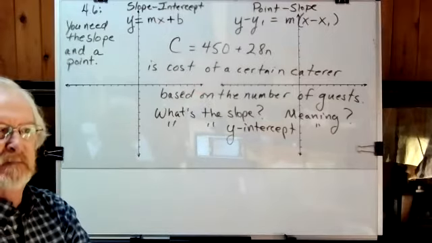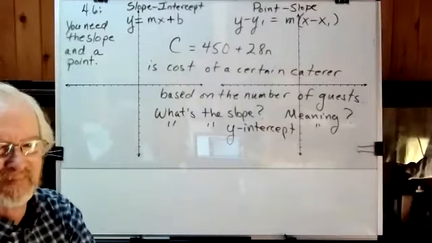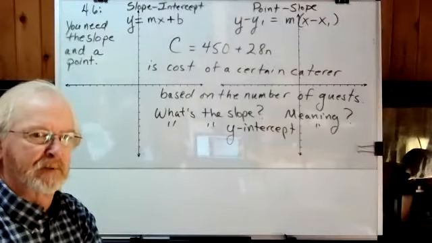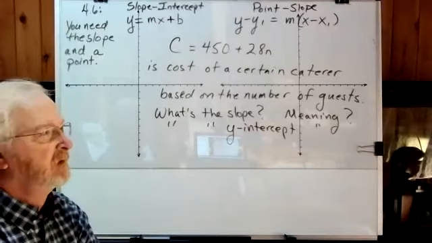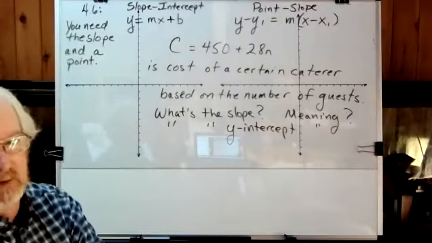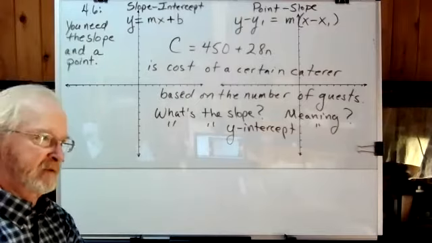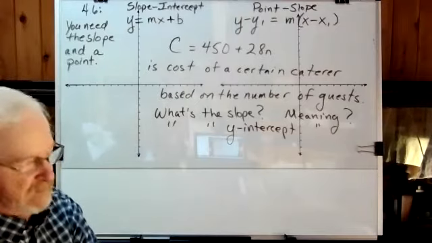So what does the 28 mean in the context? 28 what per what? What are the units of the slope? It's blah per blah, like miles per hour, a comparison of this quantity per that quantity.